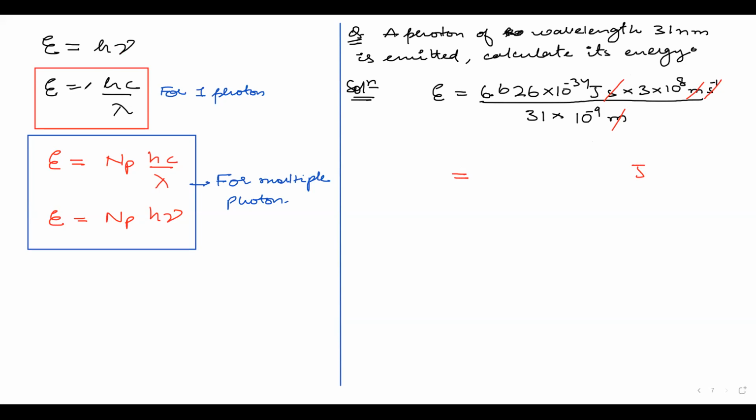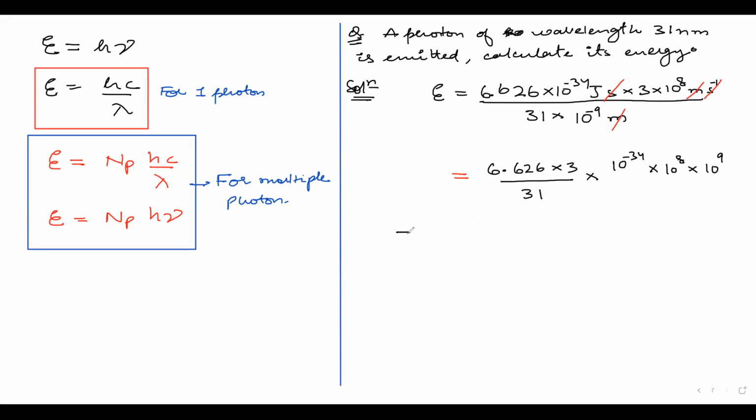Okay, now let me calculate. I will not give you to calculate because you will take so much time. 6.626 into 3 upon 31. Then what remains here is 10 to the power minus 34 into 10 to the power 8 into 10 to the power 9. This minus 9 will come above and it will become 9.